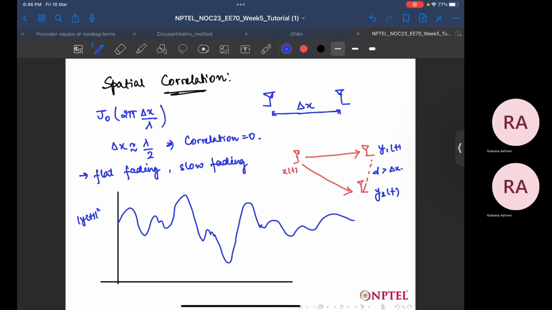Suppose this is from the first receiver, Y1T, from Y1T it is coming. And then we have the other one from Y2T, right? So now instead of one, we have output at two of the antennas. So now suppose this is the threshold.